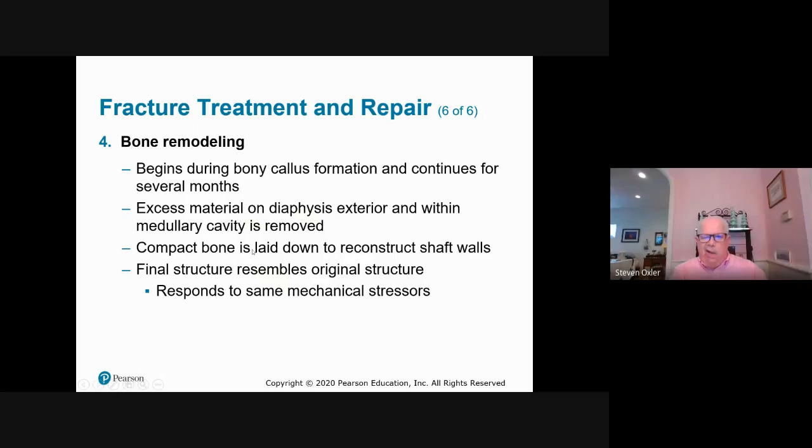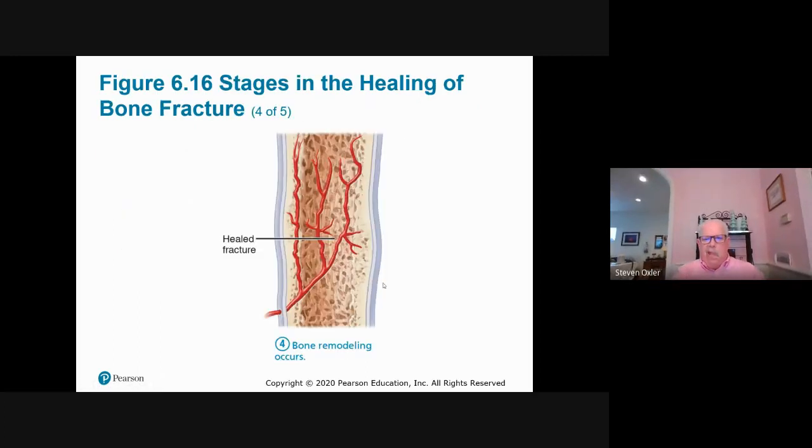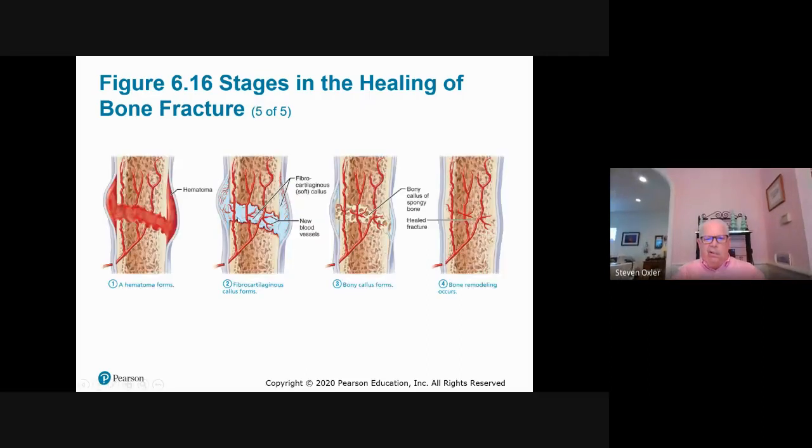Compact bone is laid on the spongy bone to reconstruct the shaft, and now you have a final structure that resembles the original structure. A healed fracture. Those are the 4 steps in healing of a bone fracture. Hematoma, fibrocartilaginous callus, bony callus, remodeling. Those are the steps. Okay?